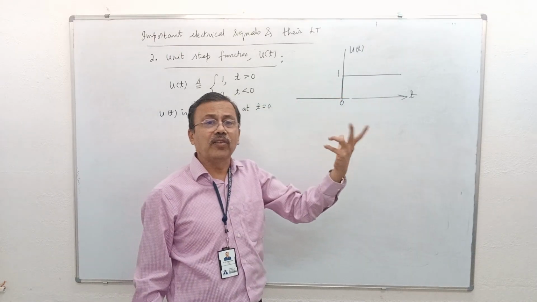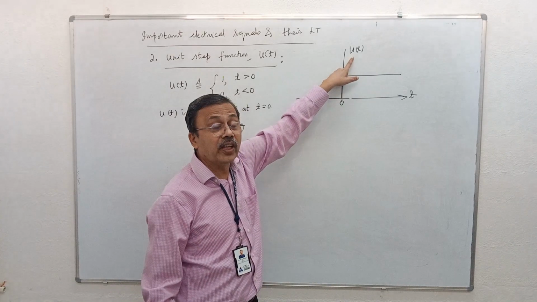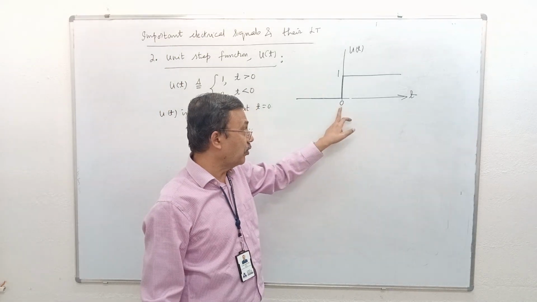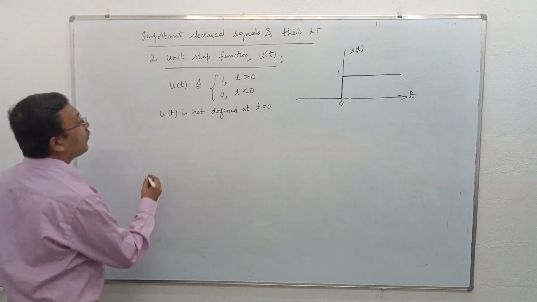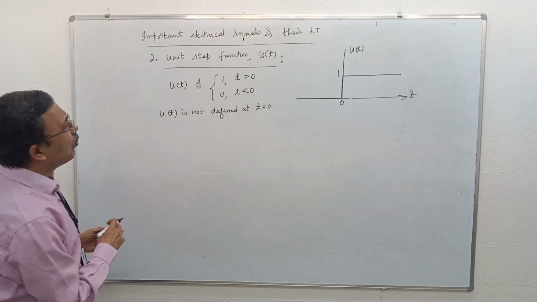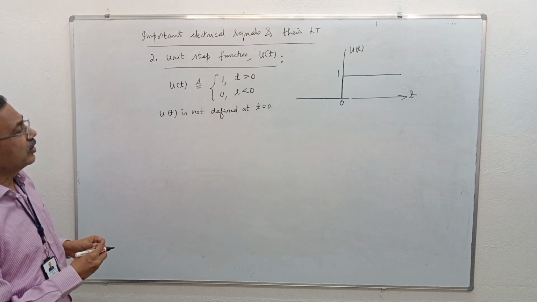It is not known. In other words, the function u of t is multi-valued at t equal to 0, and is not defined at t is equal to 0. Now I will tell you how to find the Laplace transform of this unit step function.